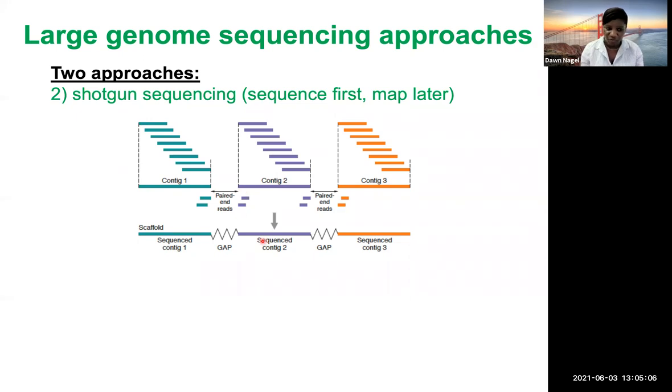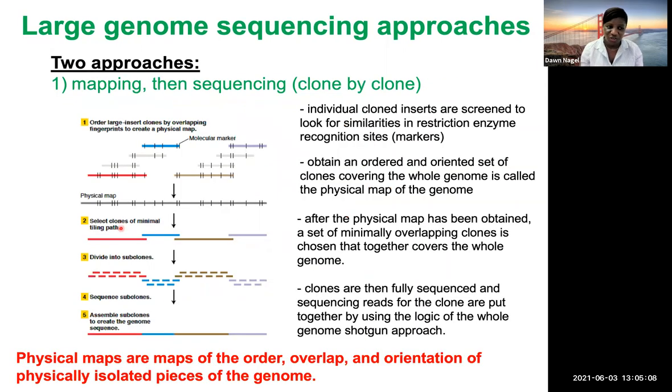But this helps if you're doing it this way, because you already know, based on this physical map, where these pieces belong. So that gives you an advantage. It's very easy to fill this in very quickly and say, okay, all of these clones belong here. And then you just need to focus on what's missing and fill in the blank windows, which is much easier to do.